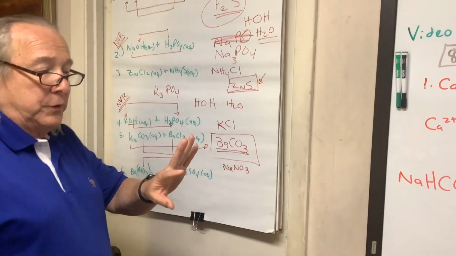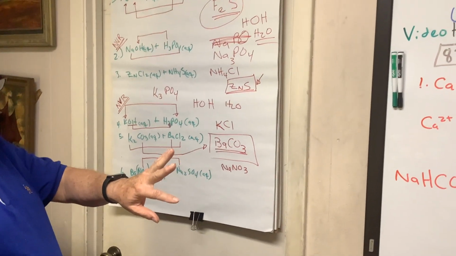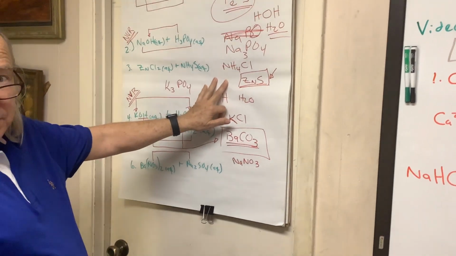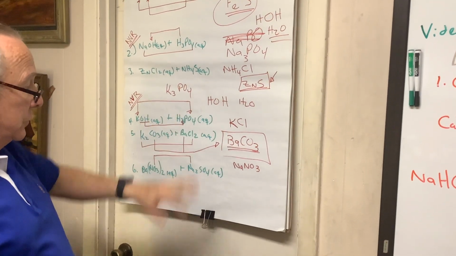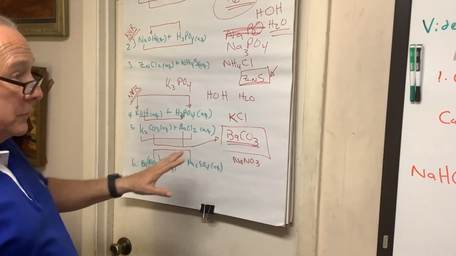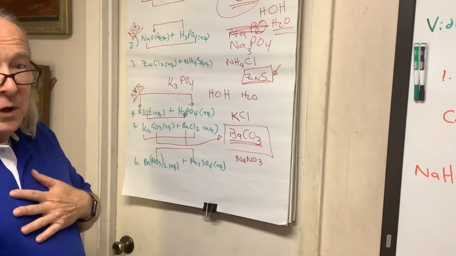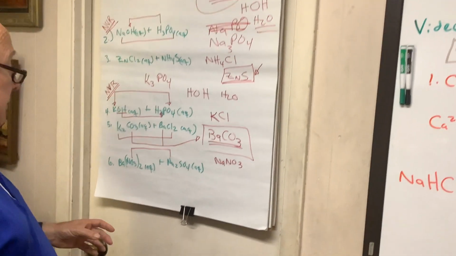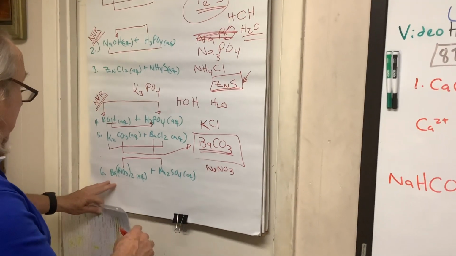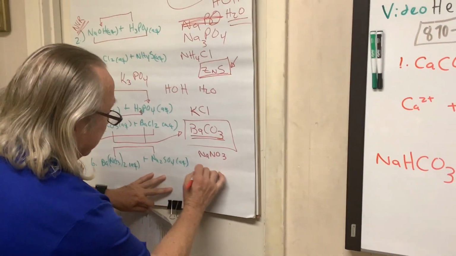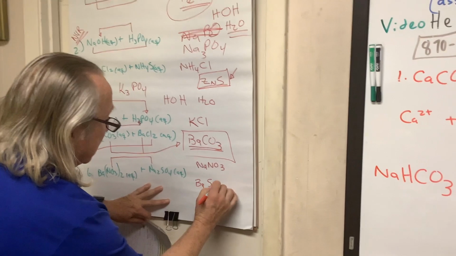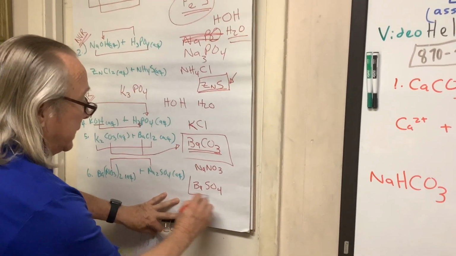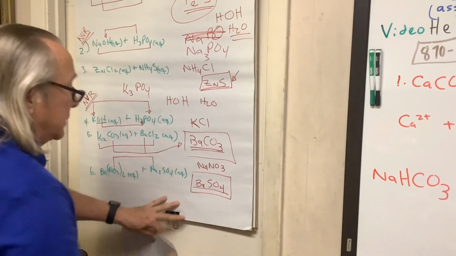Just always watch out for what I call the terrible three: silver, mercury, and lead. They frequently form insoluble salts. If I buy a lead salt, it's almost always lead acetate or lead nitrate. Finally, in this one, I have barium sulfate, and this forms an insoluble precipitate.